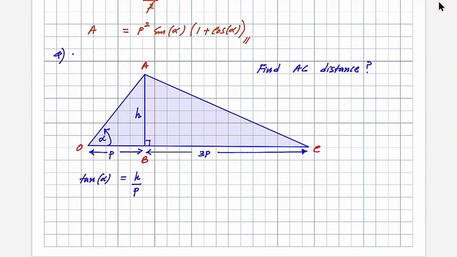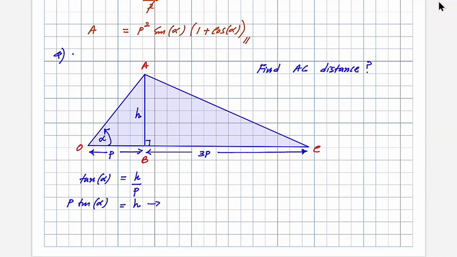That we know. Now, H value, height, you can find by cross multiplying. You cross multiply P. So it's going to be P tan alpha. Right? So H is P tan alpha now.